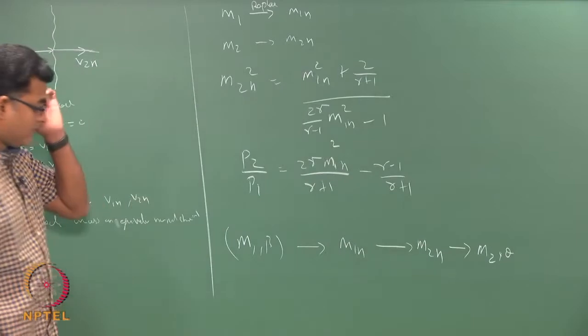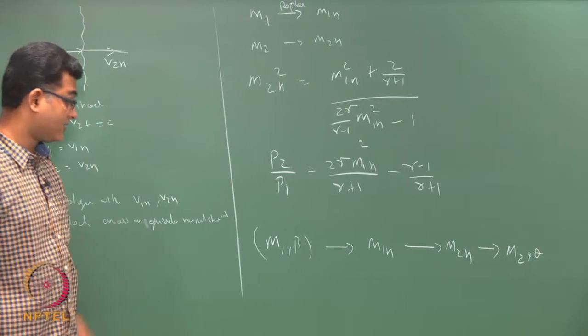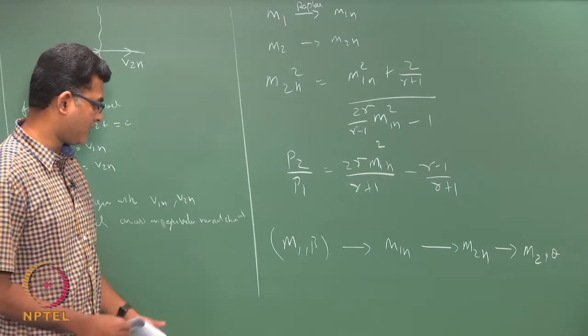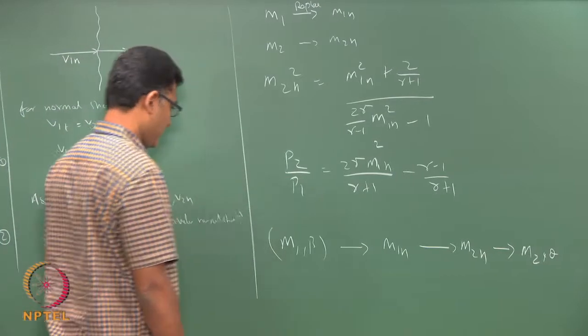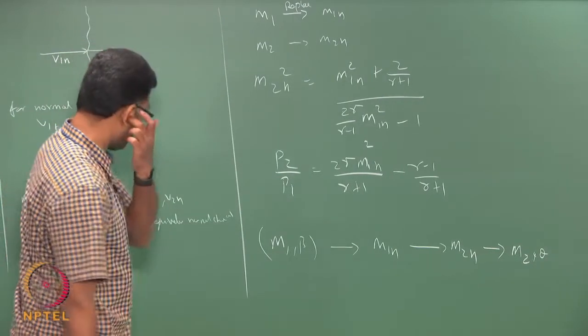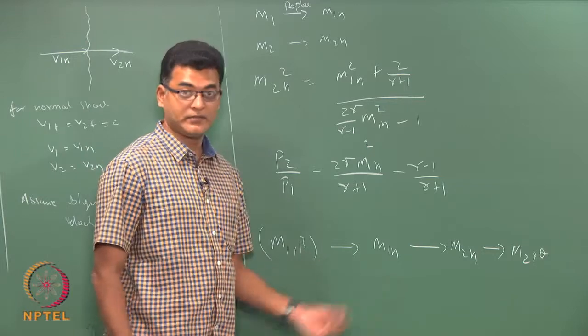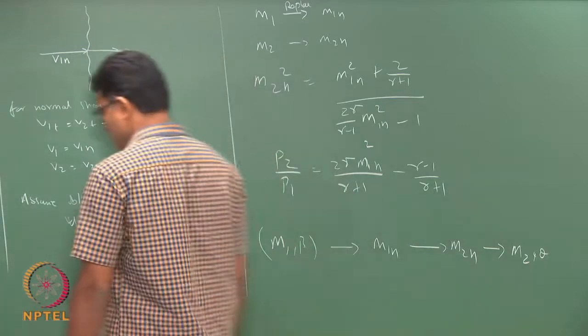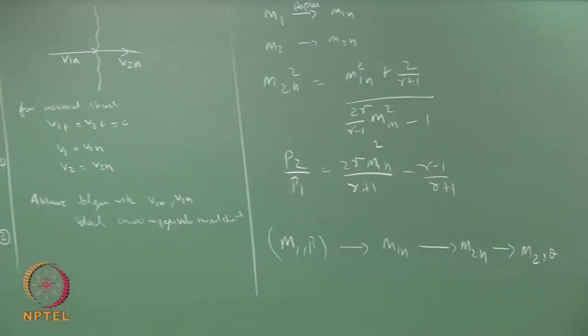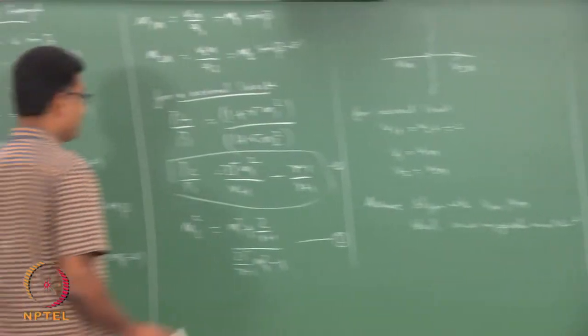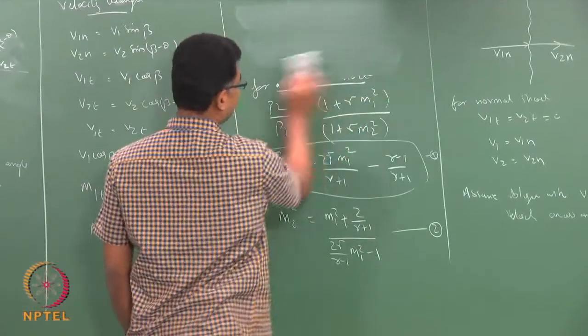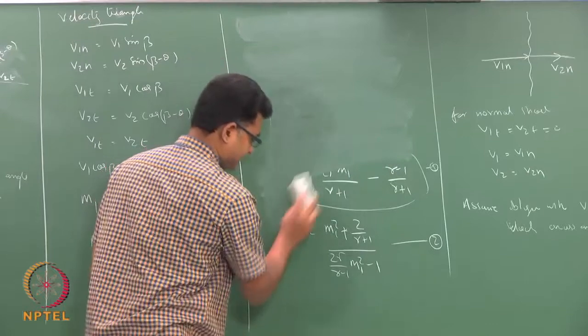Okay. We will see how we can do this by getting a relation between M, theta and beta. Okay. So, that is our next exercise. We will try to derive something called the theta-beta-M relation.